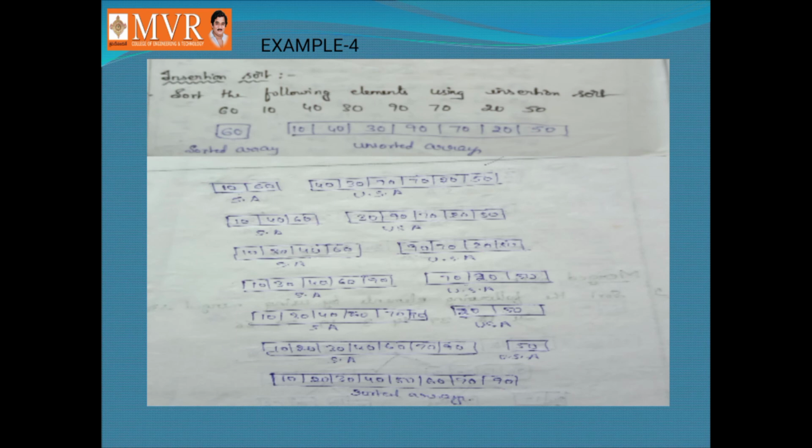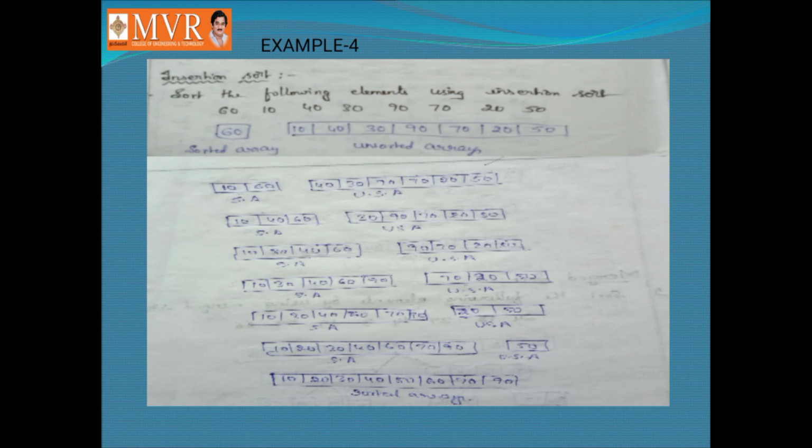And my unsorted array will remain 20 and 50. Now again take another element from the unsorted array. What is it? 20. Take it and compare with all the elements in the sorted array. Compare it with 10. 10 is smaller than 20.